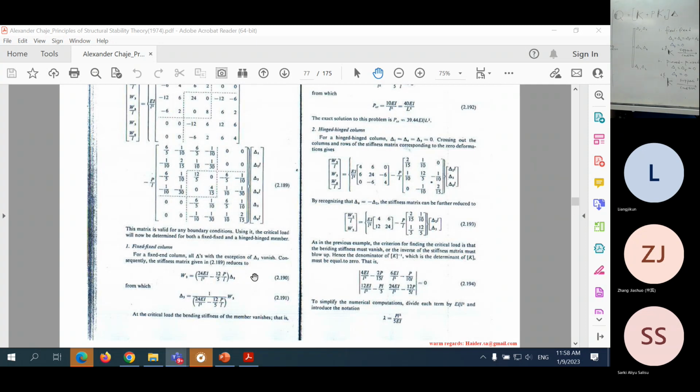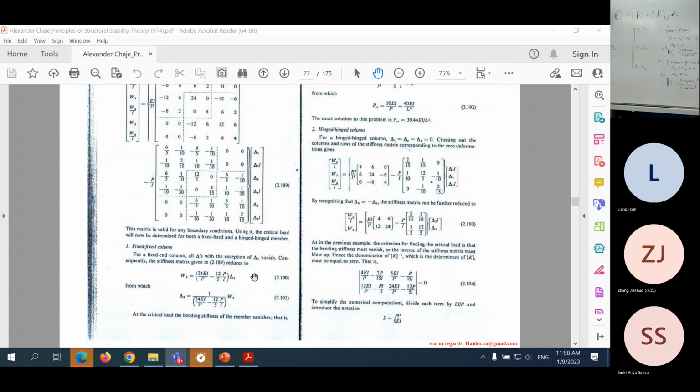When the column is subjected to P critical, then the stiffness becomes 0, no stiffness. So here in the case of only one equation, directly we make this stiffness equal to 0, and we can solve for the P critical. And in this book, it compares with the exact one, so it is very close to the exact one.